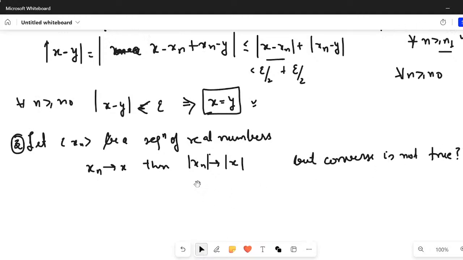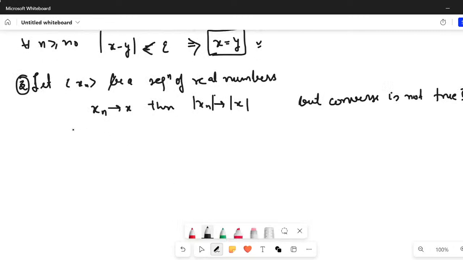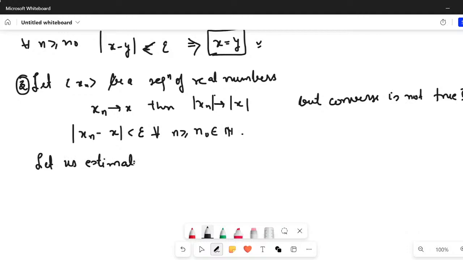Why? See, if xn converges to x, what does it imply? It implies xn minus x can be made less than epsilon for all n greater than equal to some natural number, let's say n naught. Now we have to estimate the distance of modulus xn and modulus x.